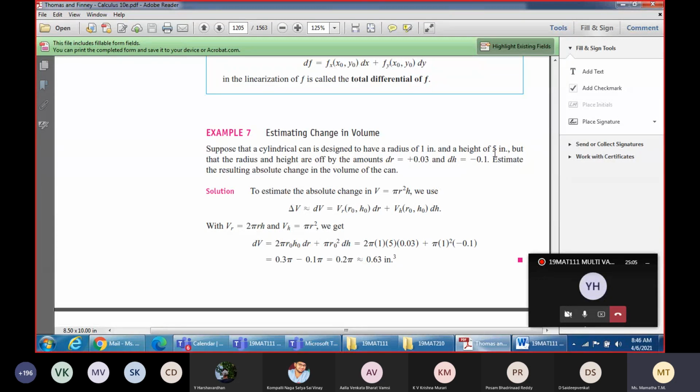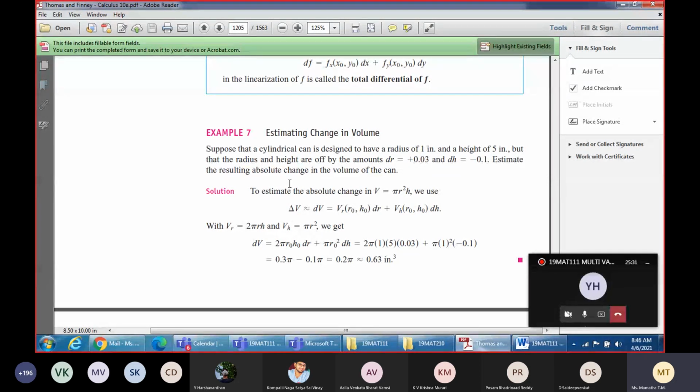Now, the radius and height undergo changes. The change in the radius is dr, which is given to be plus 0.03, and the total change given for the height of the cylinder is minus 0.1. You have to estimate the resulting absolute change in the volume of the can.